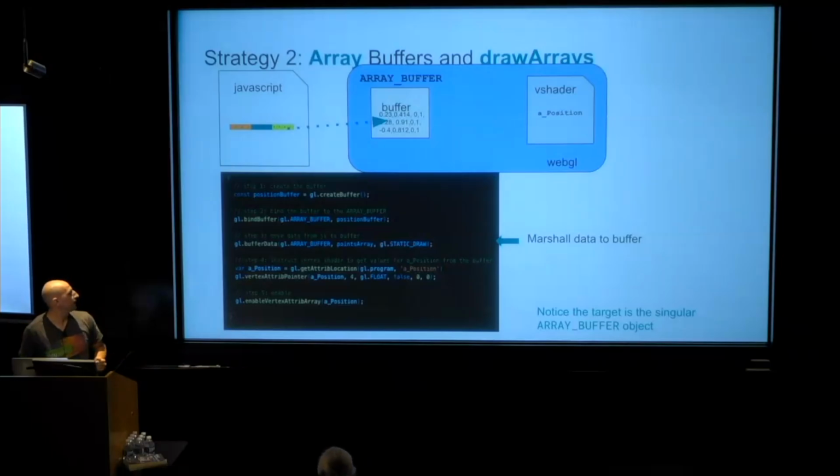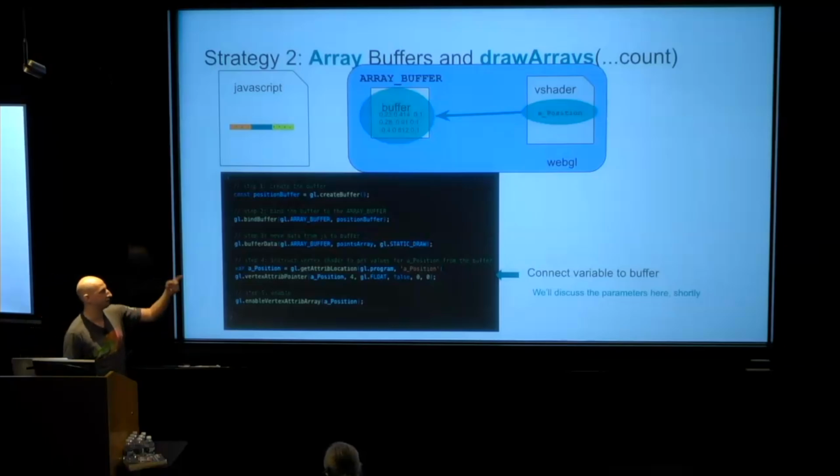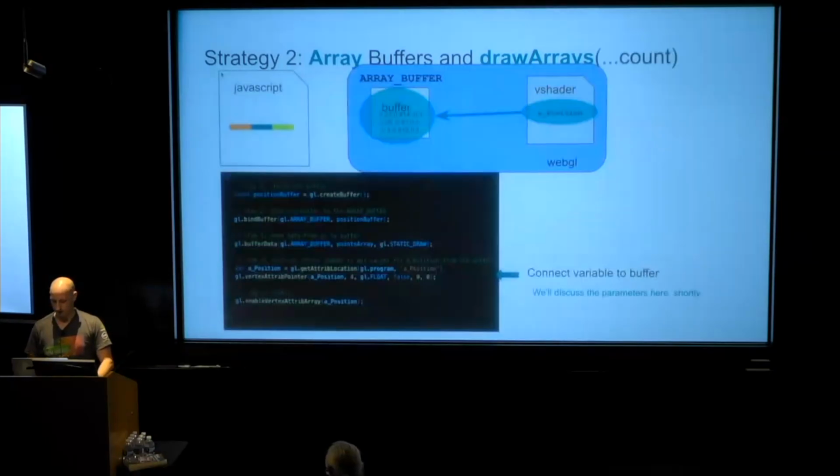These next 2 things are very similar to what we've done before for single values, but now we're passing in arrays. We're going to connect the variable to the buffer, so now the program knows to use this buffer for the position. And then the final one is enable. I'm actually not fully sure why you need this, because it seems obvious, but I guess there might be some cases where you want to prepare your buffers but not enable them.